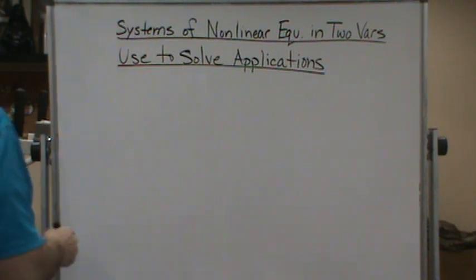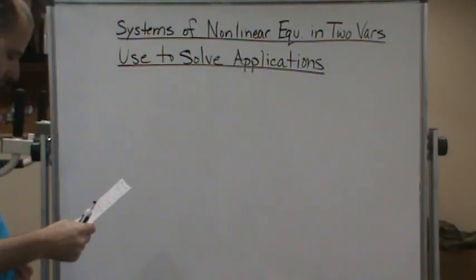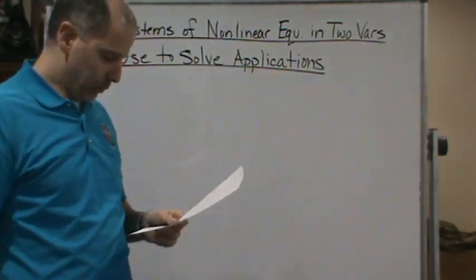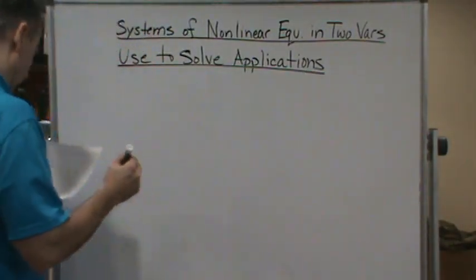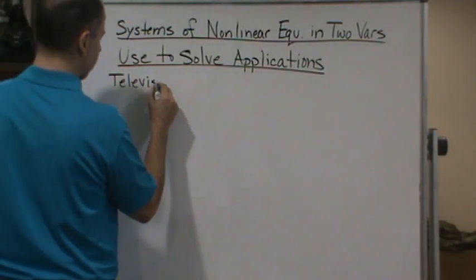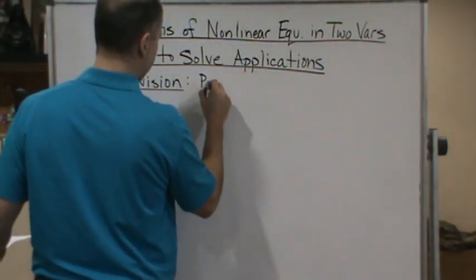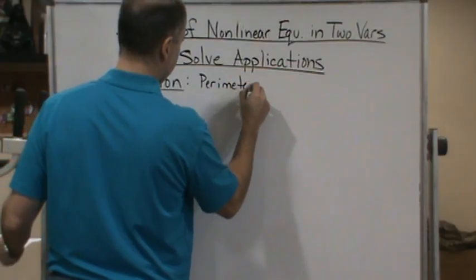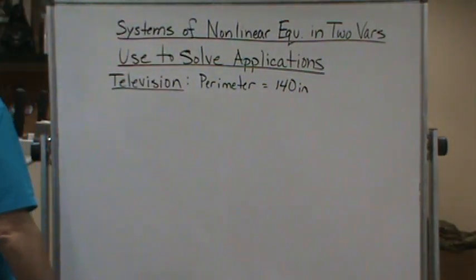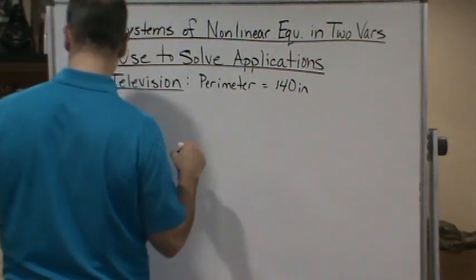All right, welcome back. Now we're going to use what we've been doing to solve application type problems. So here's the word problem. It says we have a television and the perimeter of the screen is 140 inches.